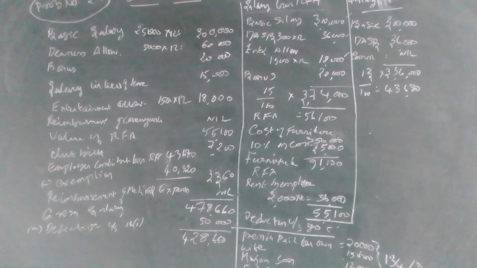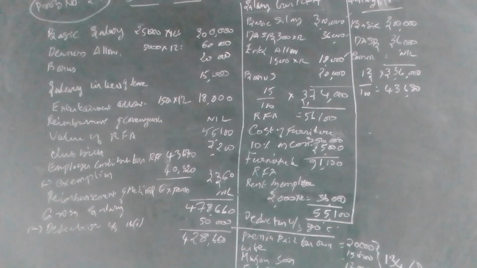So the balance taxable accommodation value is 51,500. So we have to take that 51,500 as the value of furnished RFA at concessional rates.